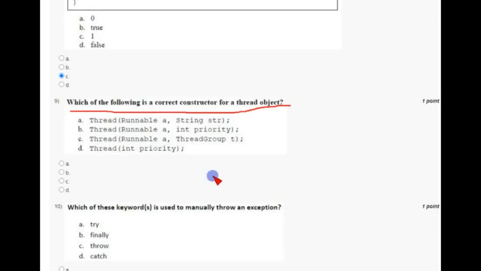If you see, it is option 1, that is Thread(Runnable, String str). So this is the satisfying option for the syntax of the constructor for a thread object. So mark option A as the correct answer.